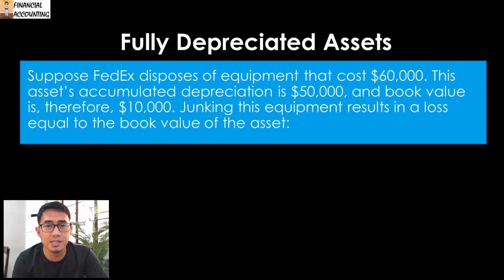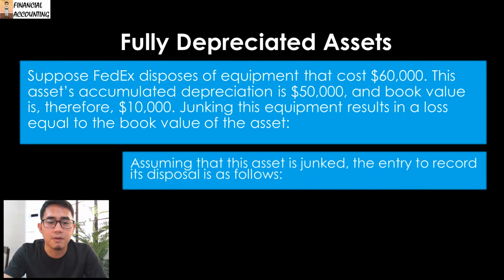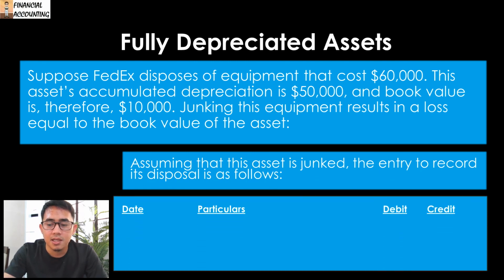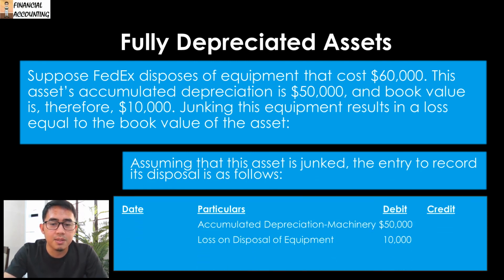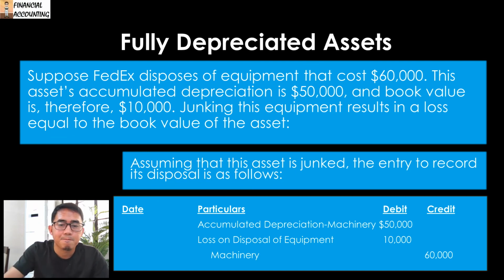Since there is still a book value and you junk the asset, of course the loss will be equal to its book value. So our entry in the disposal of the asset is we debit accumulated depreciation, machinery, 50,000, we debit loss on disposal of equipment, 10,000, and credit machinery. Since you dispose of the asset without proceeds, of course the 10,000 is a loss.